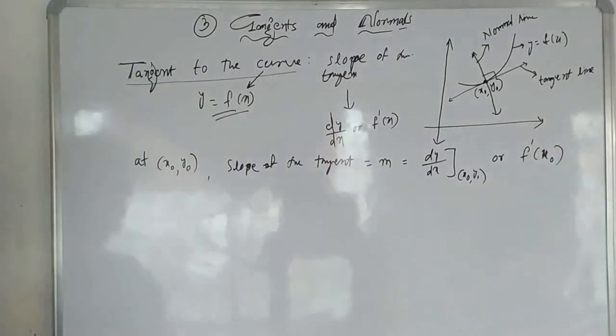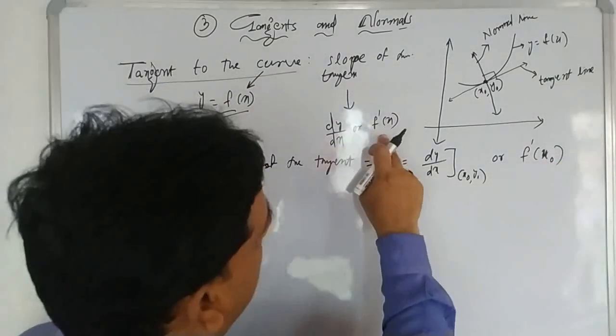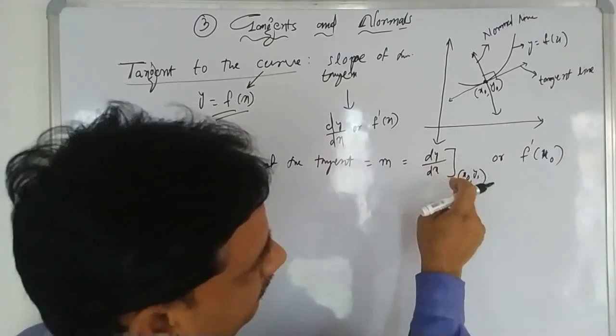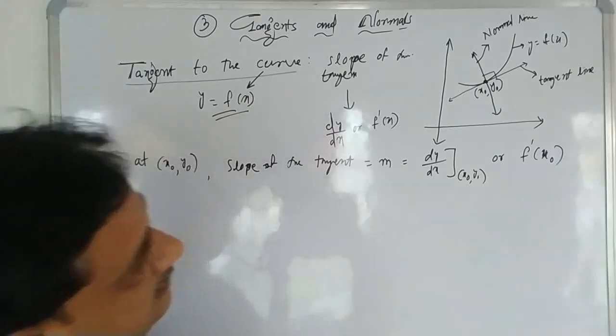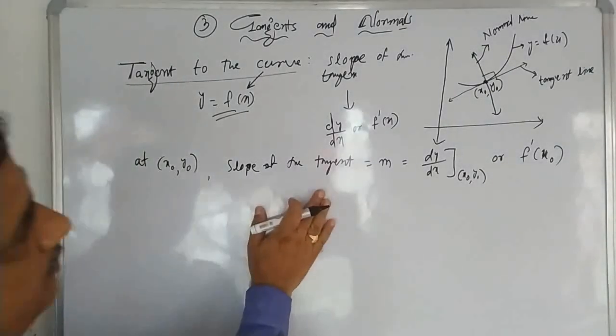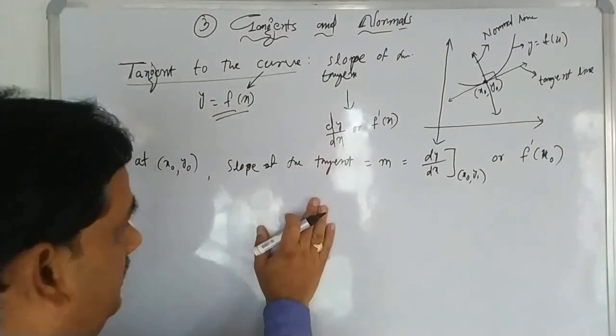Since y is a function of x, you will get dy by dx, and you replace x with that point x0. So this is the slope of the tangent.